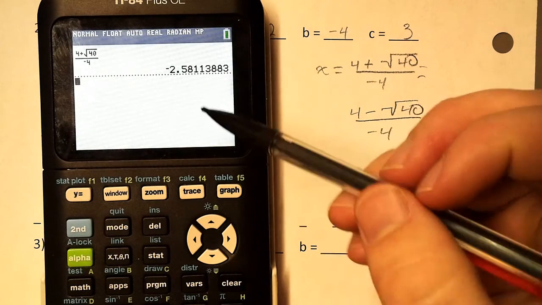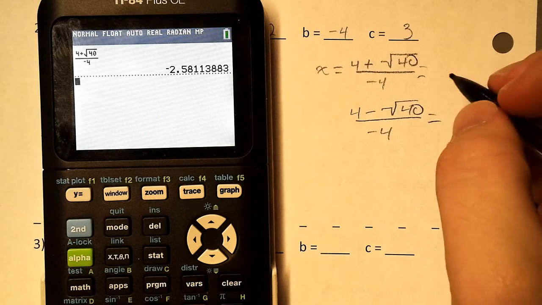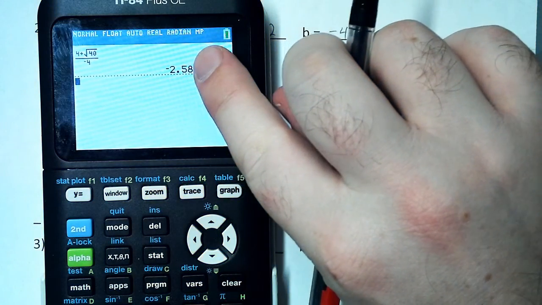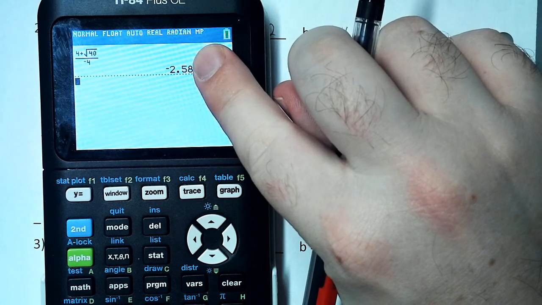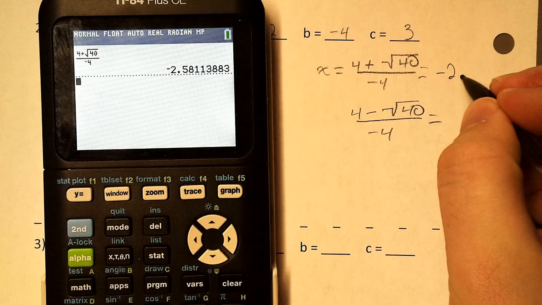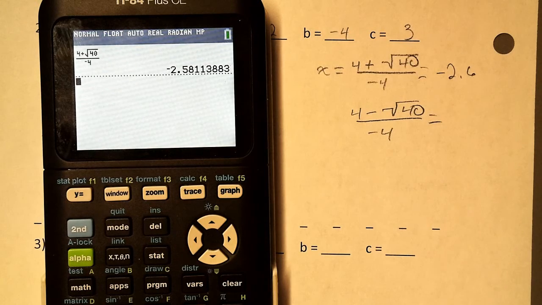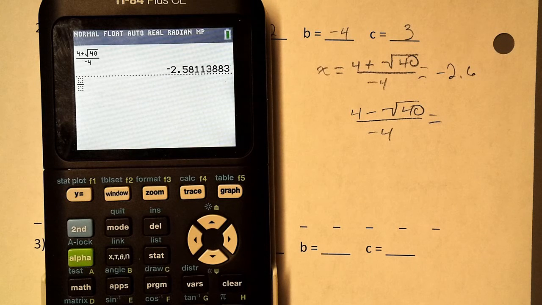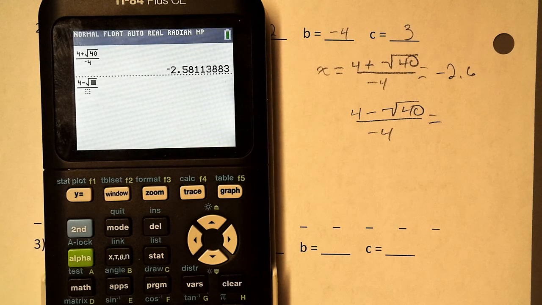So our first solution, we got negative 2.58, and so on, but I said round to the nearest tenth, so look at that 8, it makes 5 go up, so negative 2.6. Now, do the same thing. Let's type in 4 minus square root of 40 over negative 4.